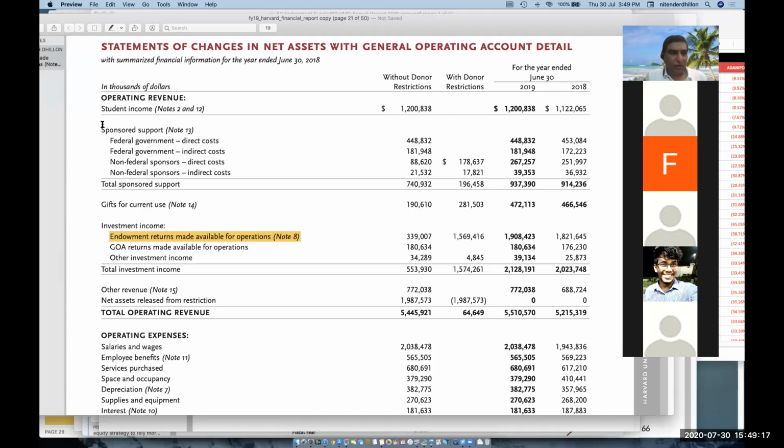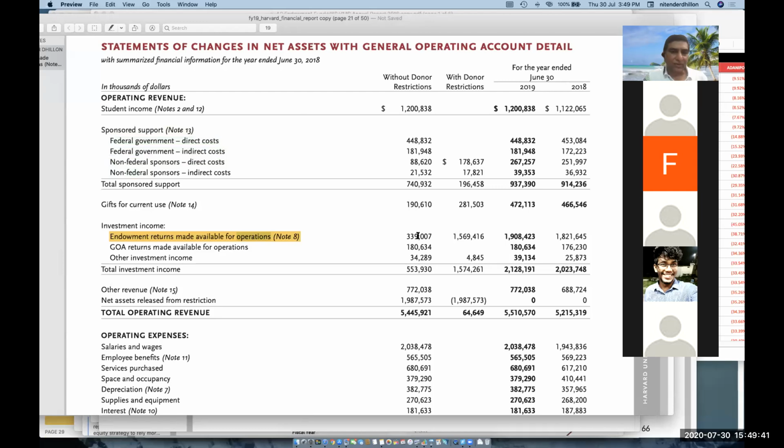So they've got an operating revenue. Part of the revenue comes from student income. Then they've got some government support coming from state governments, central governments, etc. Then some money coming from gifts. And if you now see endowment returns made available for operations, there's an endowment fund generating some returns from investments.